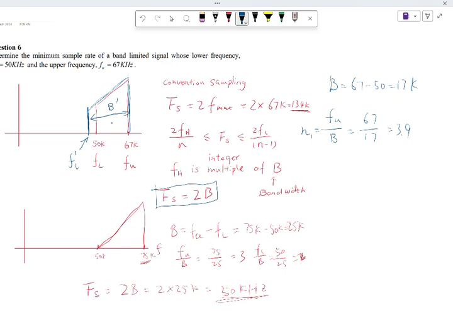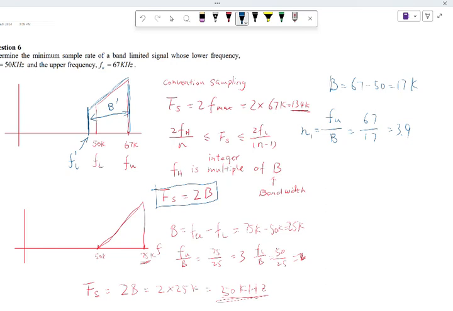We can only extend the bandwidth; we can't reduce it, because we may have useful information at 50K. If we increase the lower boundary, some information may be lost. But if we extend, that's okay, we just sample a little bit more than necessary. That's all good.